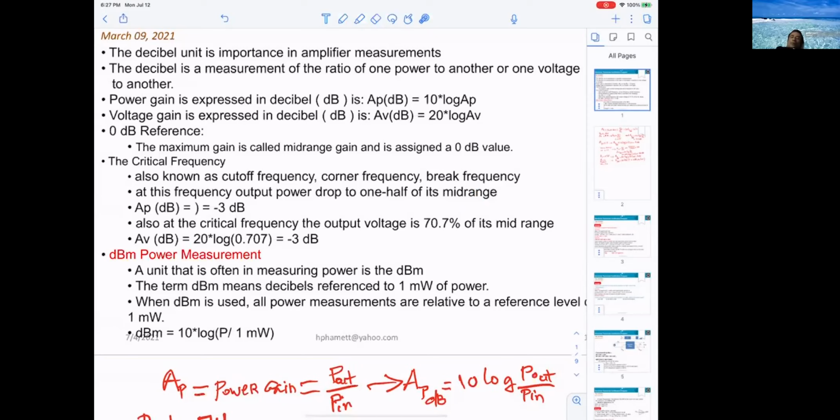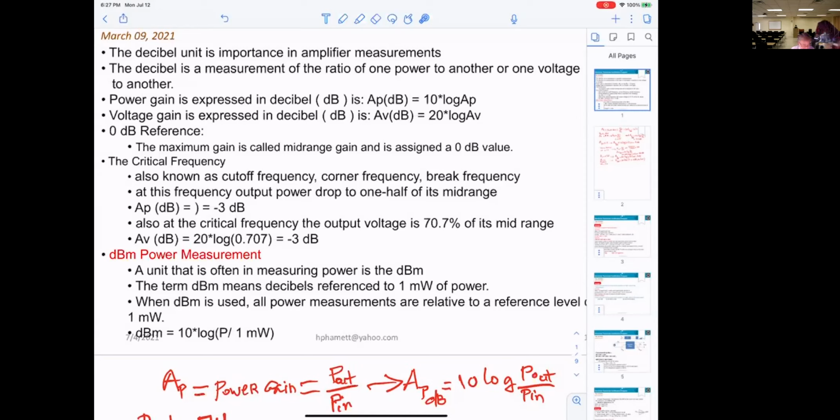We already told you, 0 dB. However, 1/2 will be what? 0.5, right? 0.5 of the power. At that frequency, it will be called the cutoff frequency, corner frequency, or break frequency.